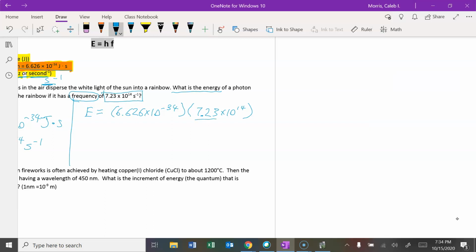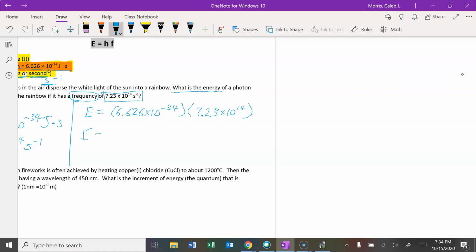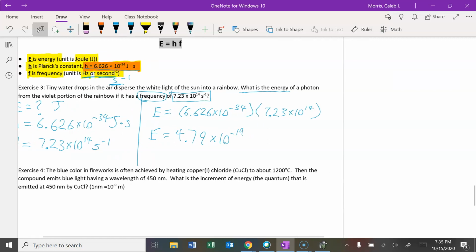So I need to have 3 sig figs in my answer. 4.79 times 10 to the negative 19th. Don't forget to always look for that E. 4.79 times 10 to the negative 19th. And our units for energy again are going to be joules. Capital J.